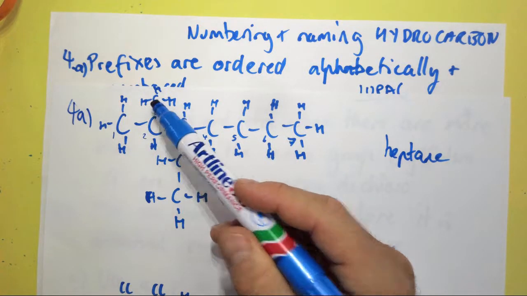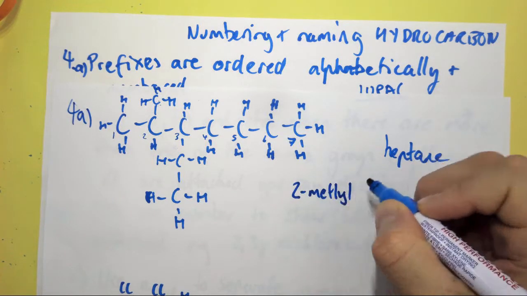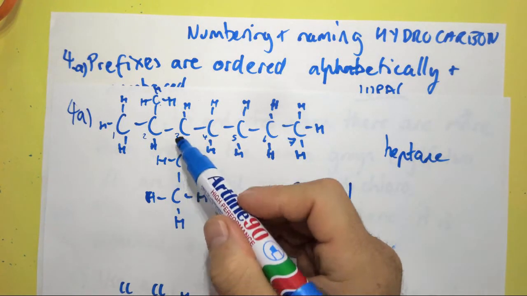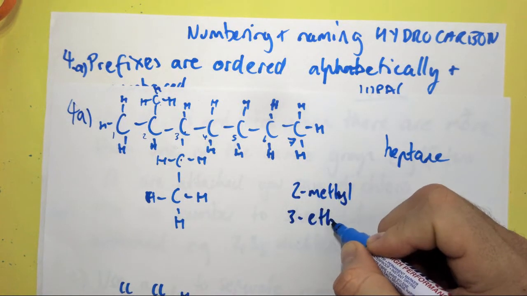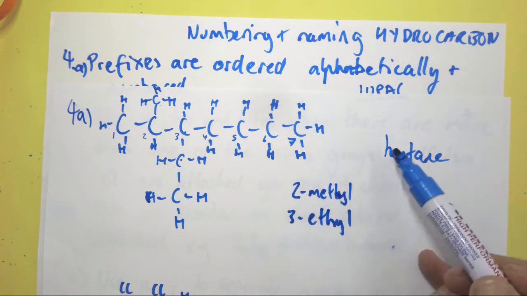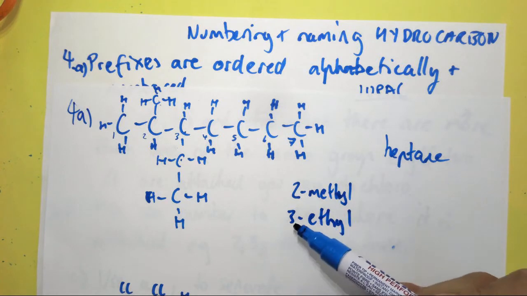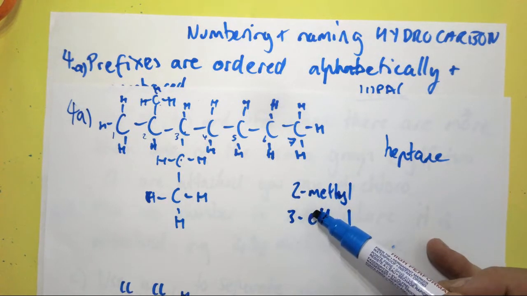We can call this 2-methyl, and this one is on the 3rd carbon, it's an ethyl, 3-ethyl. So we can either call this 2-methyl 3-ethyl heptane or 3-ethyl 2-methyl heptane. What is the rule?